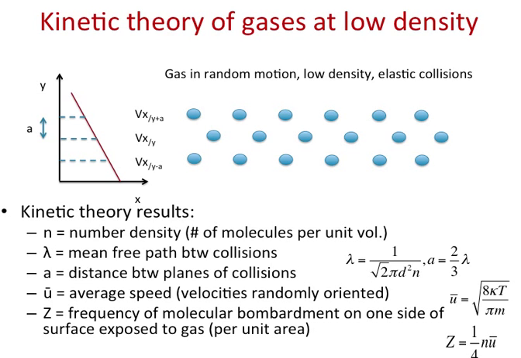We'll place this plane here at y, and I'm going to look at all of the molecules that, as they bounce around, are moving up. I need the frequency of those moving up, because those are the ones transferring their momentum in the upward direction. Those coming from the upper side of the same plane take their momentum down, so I need the number of those too, and it's also Z. That's why I need Z, the frequency of bombardment per one side of the area.